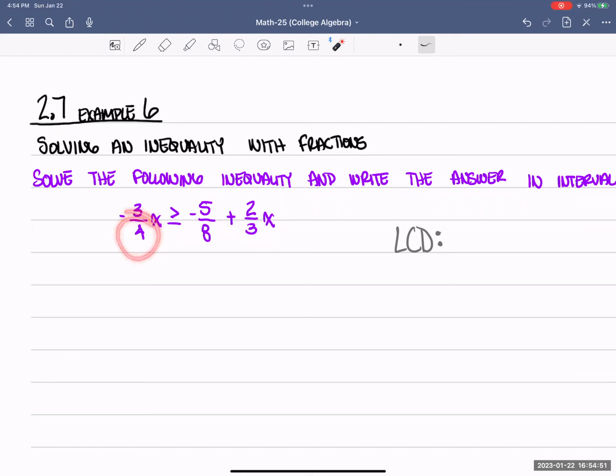We'll start off with 4. 4 divided by 4 is equal to 1, which cracks that fraction. What about 8? 4 divided by 8 is equal to 1/2. So we have to multiply this by 2 in order for it to be divisible by 8. So 4 times 2 is 8, divided by 8 is 1.